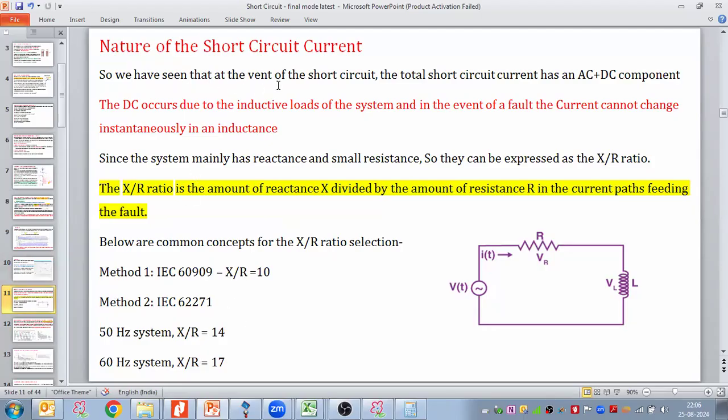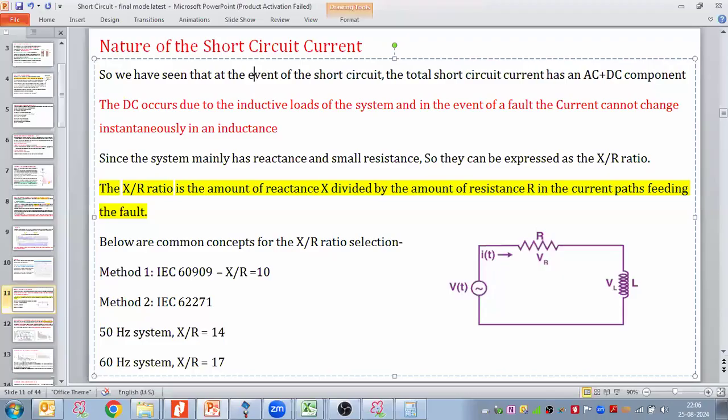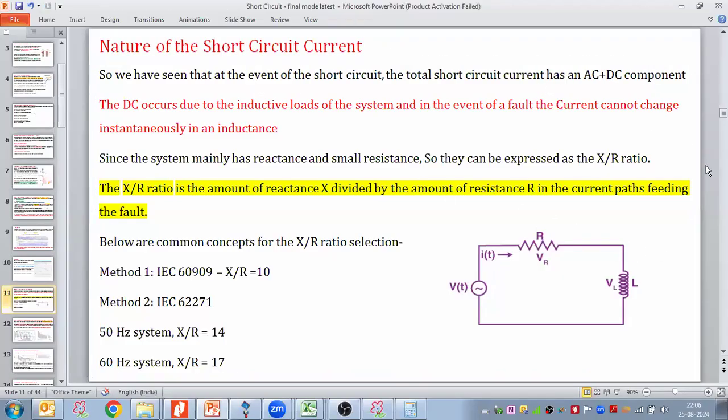We have seen that in the event of a short circuit, the total short circuit current has an AC plus DC component. The DC occurs due to the inductive loads of the system, and in the event of a fault, the current cannot change instantaneously in an inductance. Inductance opposes the change of current.